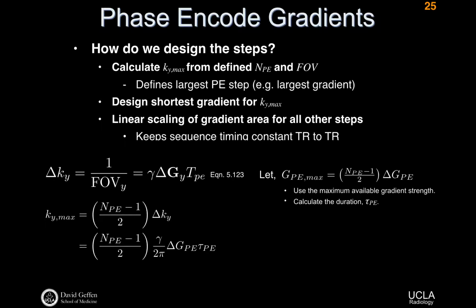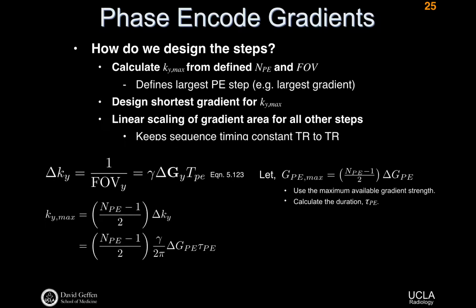And usually what we would want to do, if you look at what's happening here, you have the number of phase encode steps times delta ky. So that just tells you how far out of the k-space you have to go. And then this substitution here lets us introduce the idea of the gradient amplitude, or the gradient step amplitude, and the duration of the phase encode step.